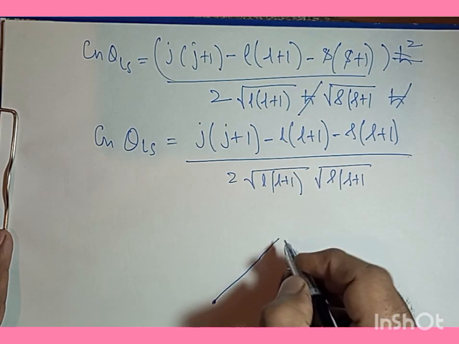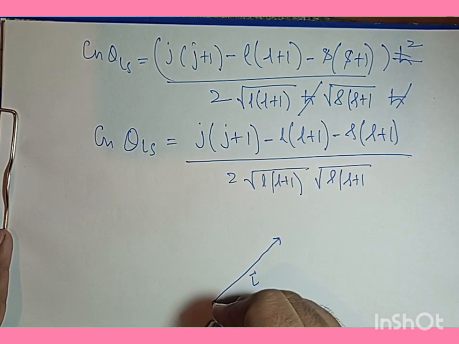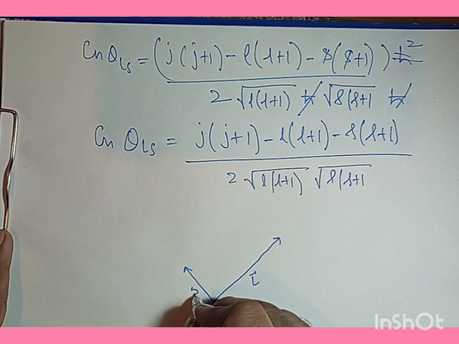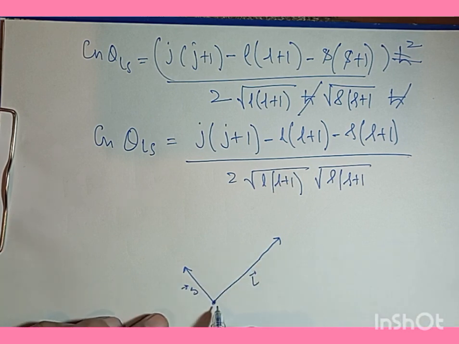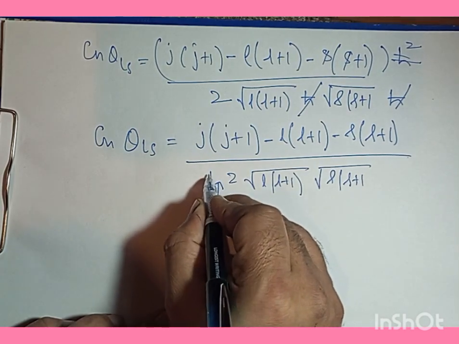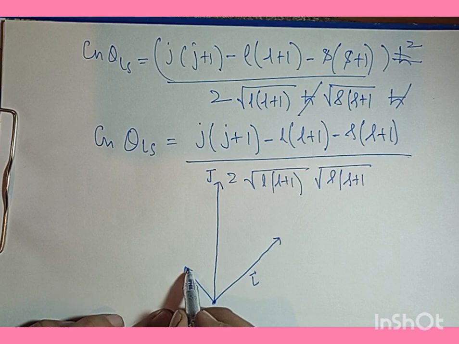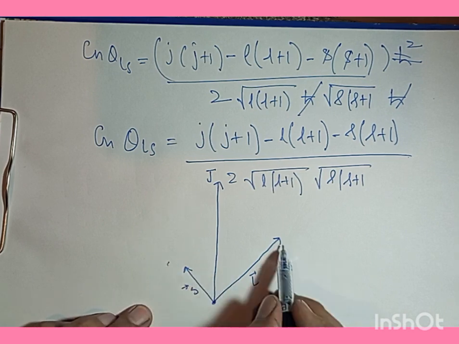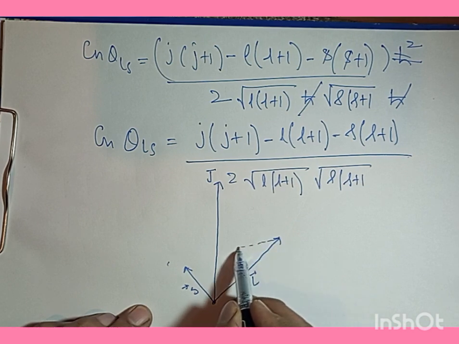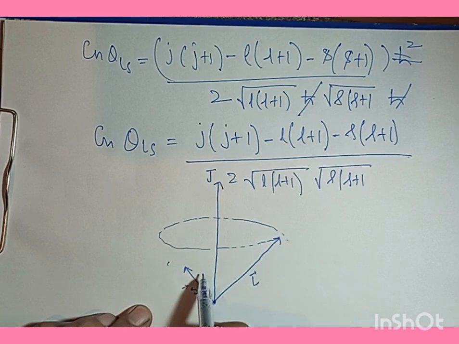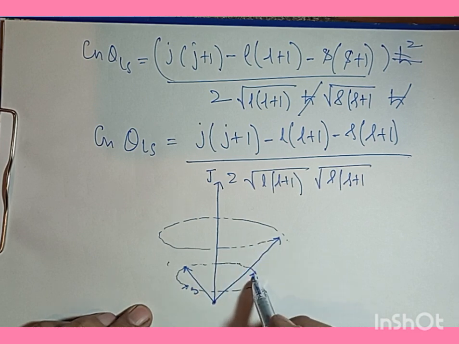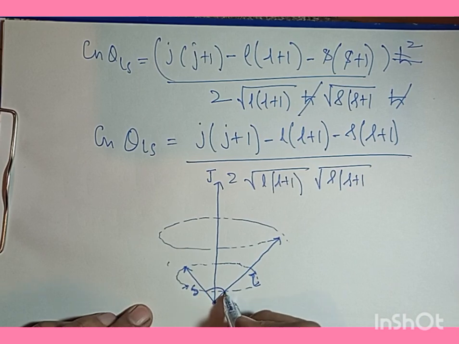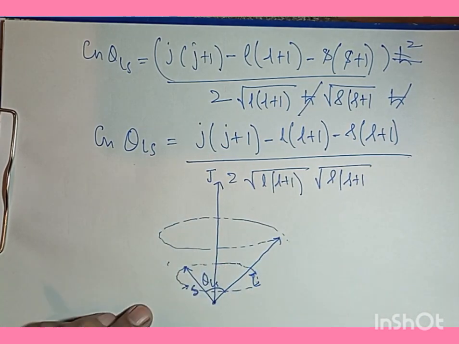This is the L vector, and then we have spin angular momentum, that's S. This L and S add vectorially, and they give us J. Both L and S have a constant angle, theta LS, that can be calculated from this equation.